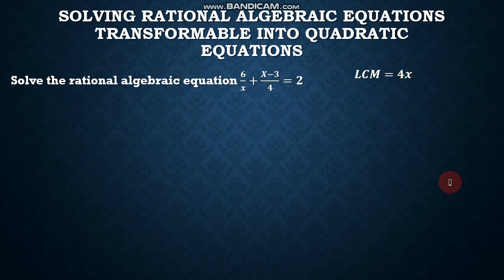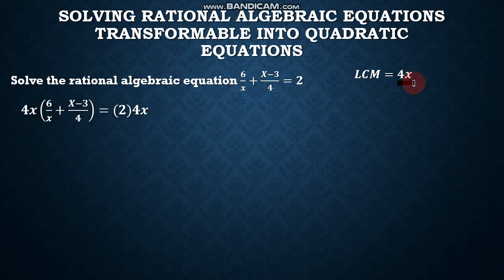To solve the equation, there are procedures to be followed. So just like adding or subtracting fractions, we must see to it that the denominators x and 4 must be the same. But in this case, the denominators are not the same. So let's find the LCM, and the LCM is 4x.